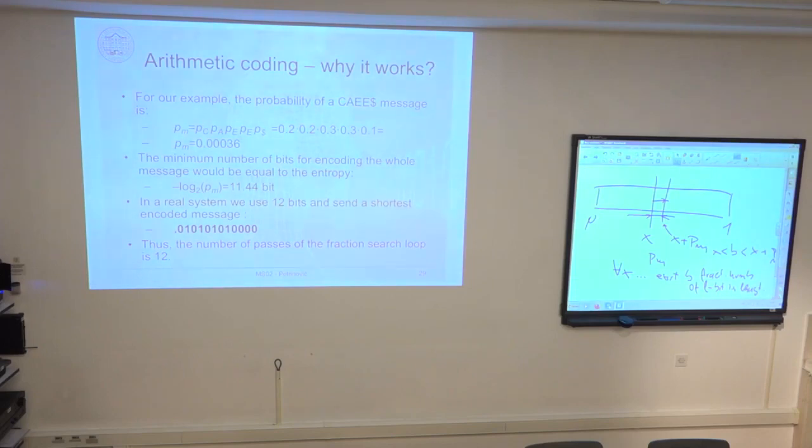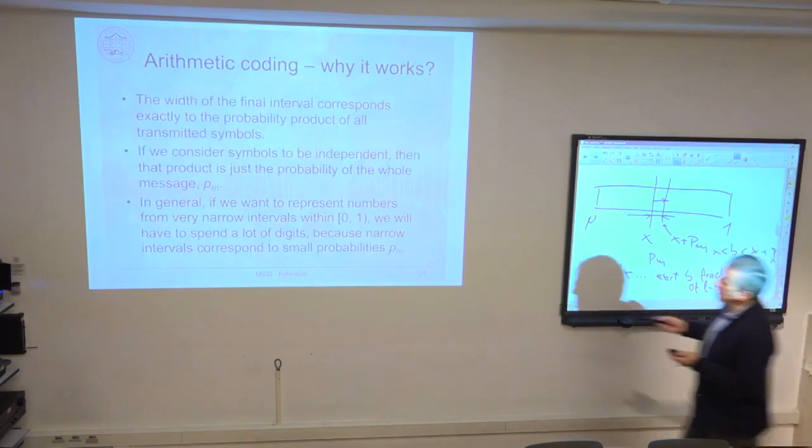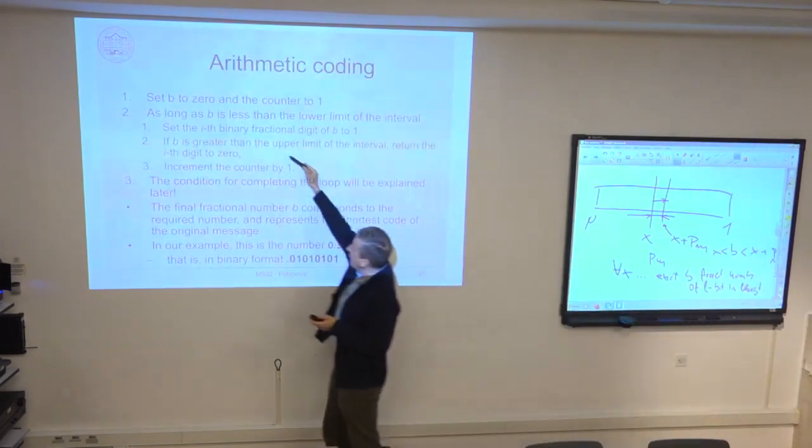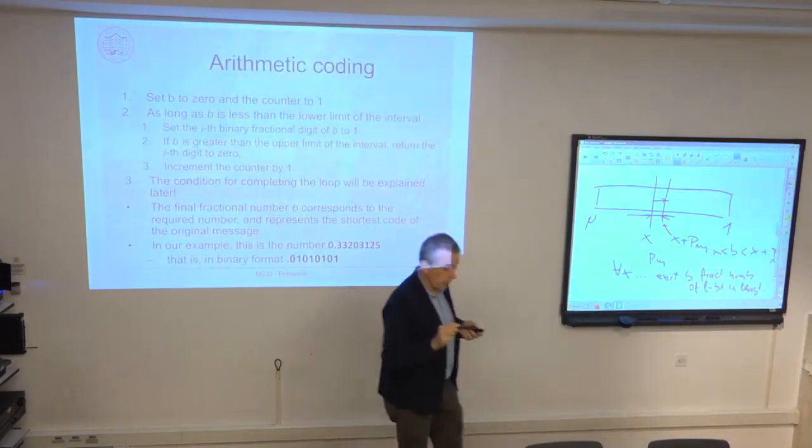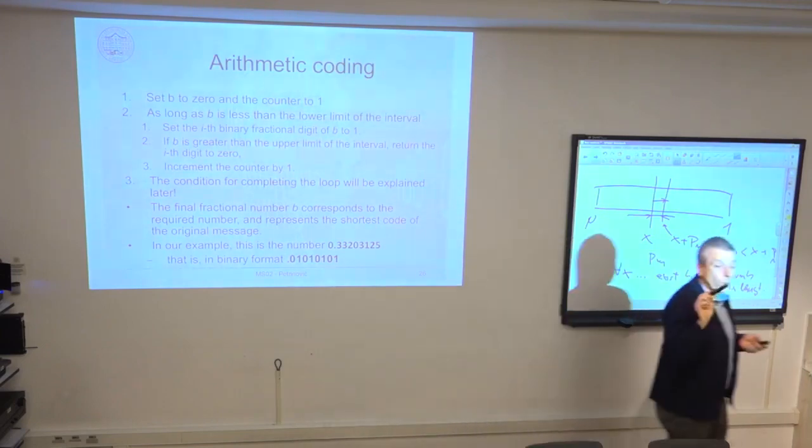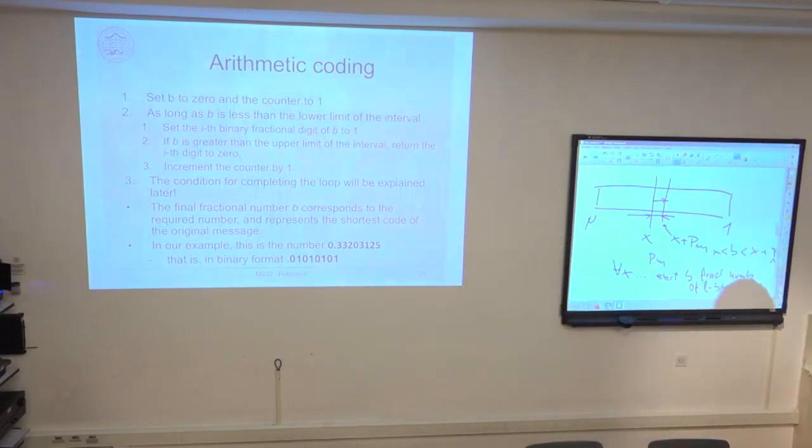This is why the algorithm works. For some intervals there will be only one binary fractional number falling in the desired interval, and for some there will be two. Any of those two can be used. You take the lower number first, and it's okay.